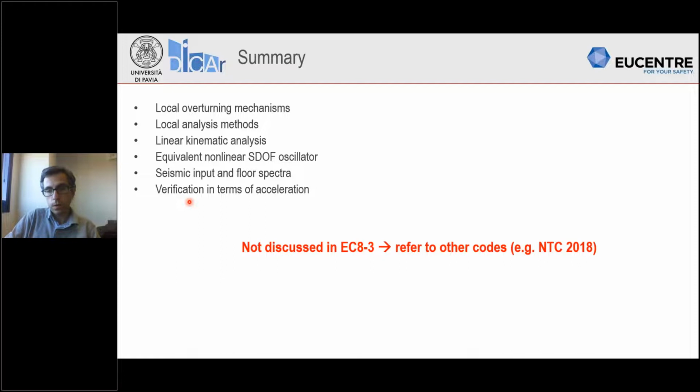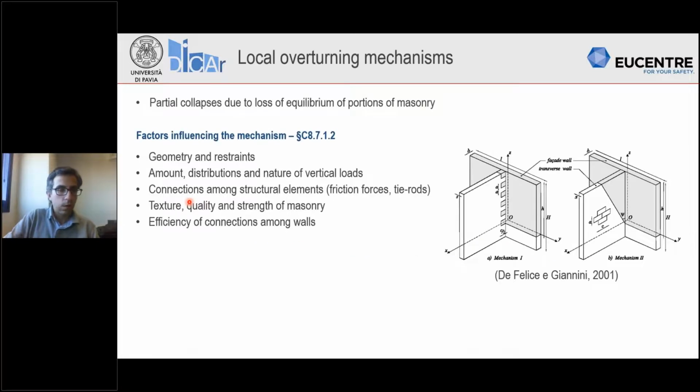Now, this topic of local analysis is not discussed in Eurocode 8 Part 3, at least in the current version, so we refer to the Italian code NTC 2018. Probably it will be discussed in the next version of Eurocode 8. So local overturning mechanisms are partial collapses due to loss of equilibrium of portions of masonry.